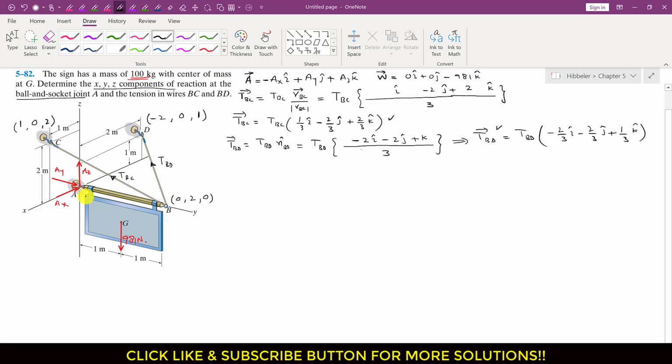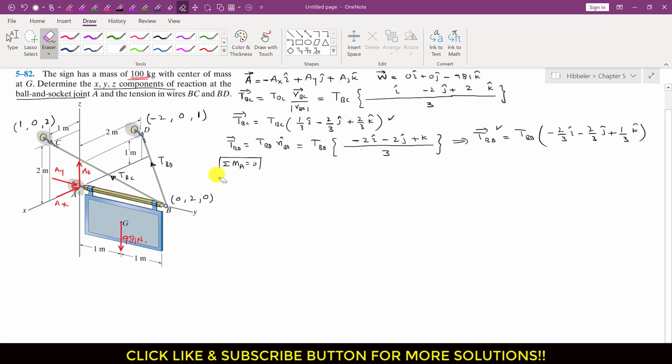Now what normally people do is find the moment about point A, and then they apply the equation that the summation of moment about point A equals 0, and then they have three equations, right? And then they need to solve those equations as simultaneous equations, right?